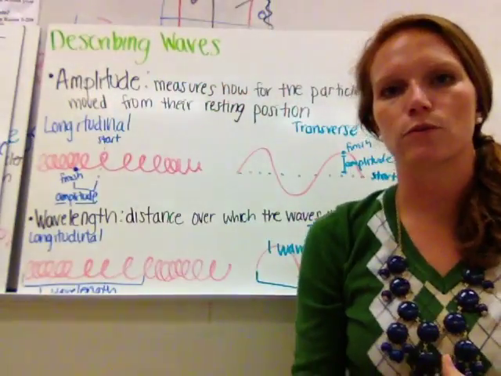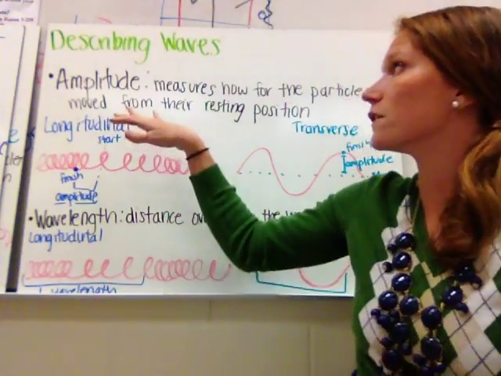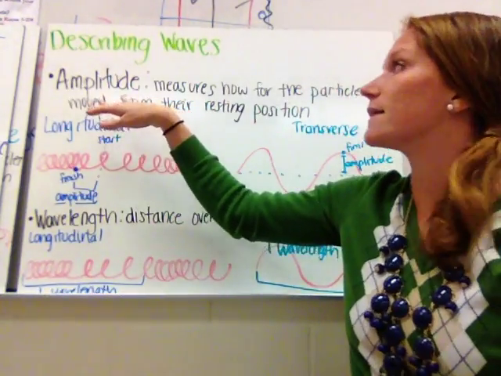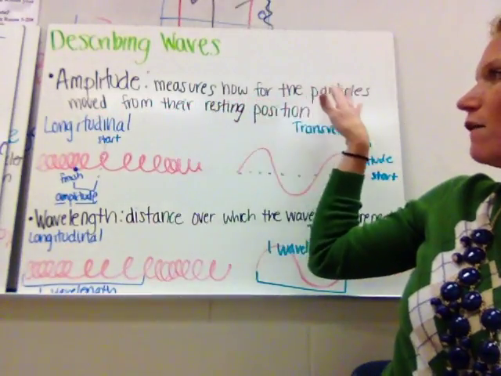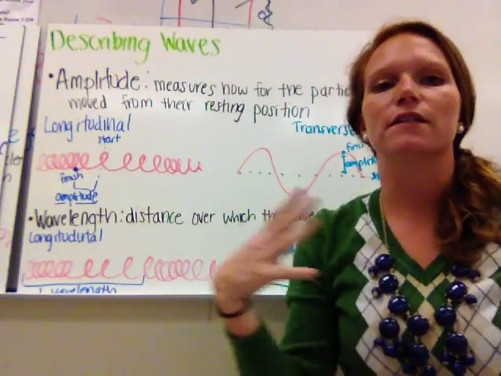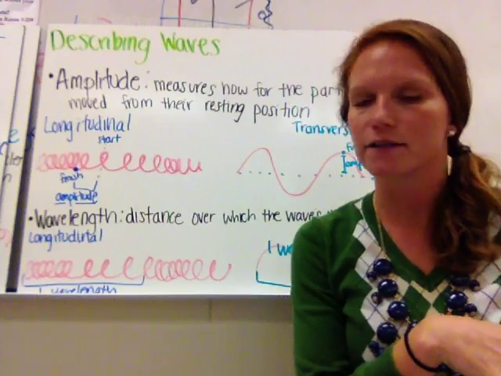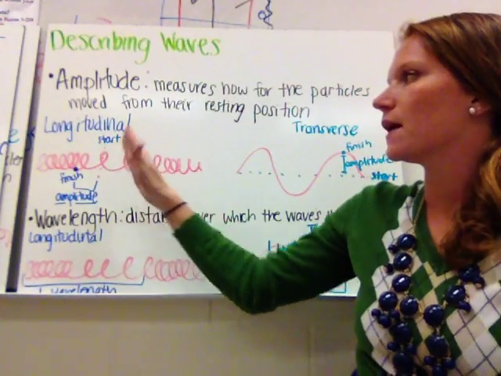So now that we've got those two waves, we need to describe the waves further, talk about their characteristics. The first characteristic of a wave we're going to learn about is the amplitude. The amplitude measures how far the particles moved from their resting position. That means the furthest distance they traveled before they came back to where they started, after the energy has passed. In a longitudinal wave, it would look like this.